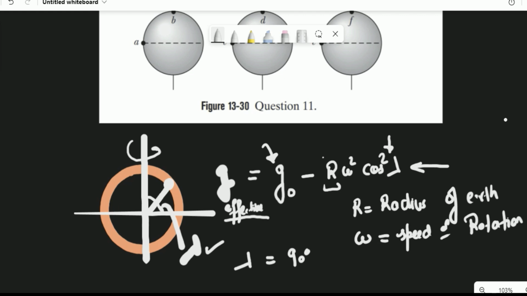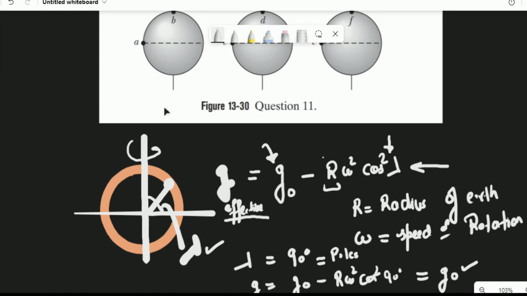So g is equal to g naught minus R omega square cos square 90 degrees, so this is equal to g naught. At the poles, the acceleration due to gravity is back to g naught. It is in fact highest.